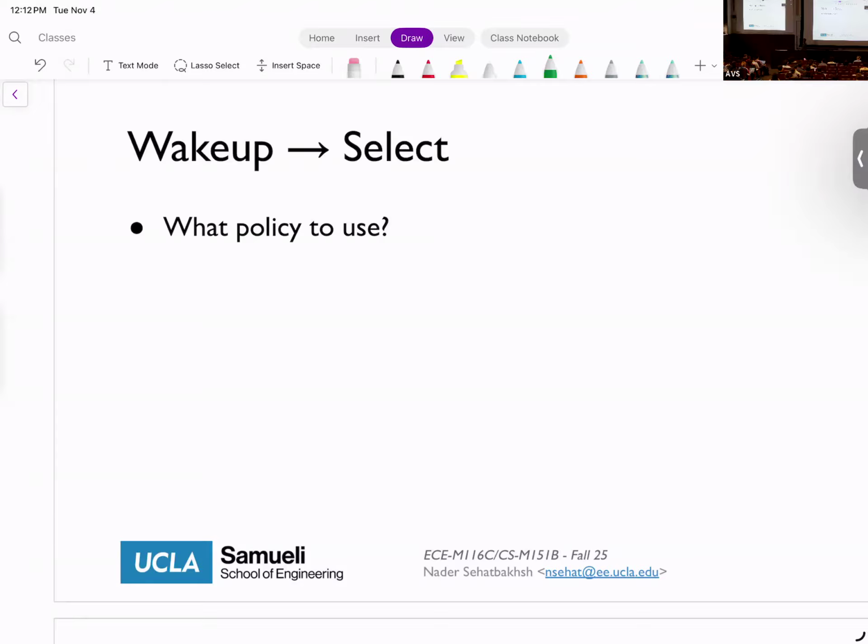So you might want to pick the least PC, like the oldest instruction. Okay. Any other suggestion? One that has the most dependencies in the future. So you have a mechanism to see which one helps to unlock future instructions. Okay.